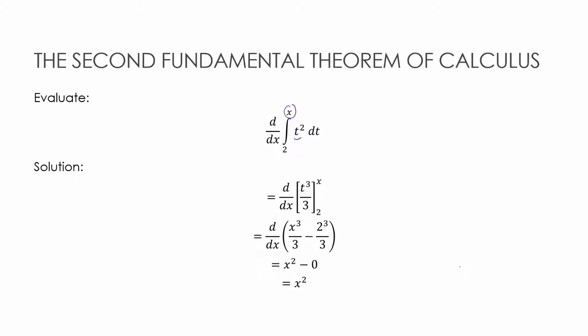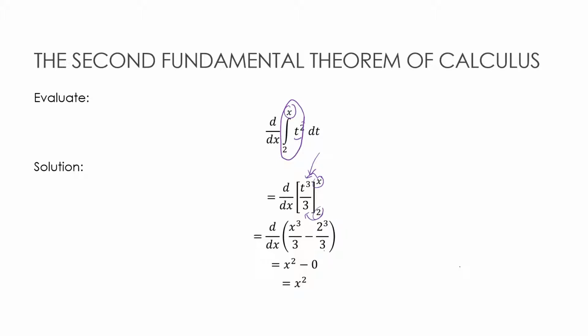I'm just going to show you the long way here. The long way says, let's go ahead and integrate this, and we'll leave the derivative to the end. If I take the antiderivative of t squared, that's t to the third over 3, and I'm going from 2 to x. From 2 to x says take the x first and subtract when I plug in 2.